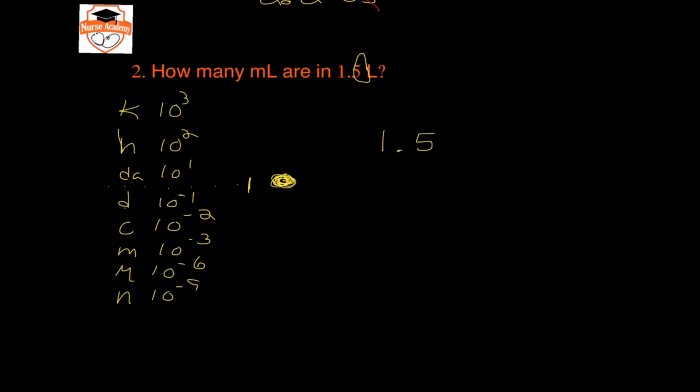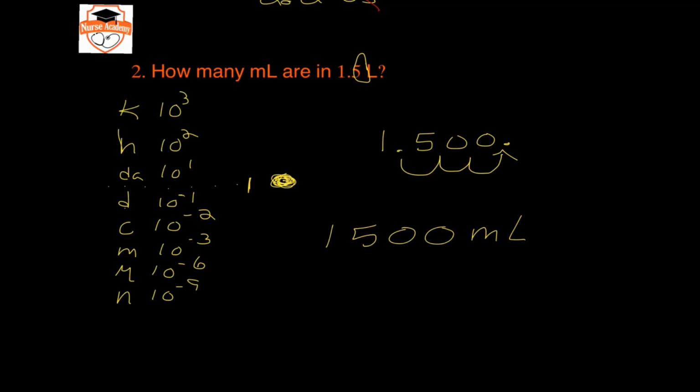So that means I'm going to move to the right 1, 2, 3 spaces, and I'm going to put my zeros here and my new decimal point there. So my answer would be 1,500 milliliters.